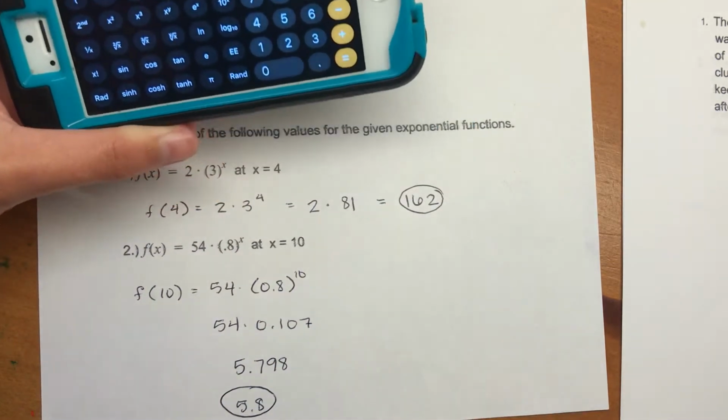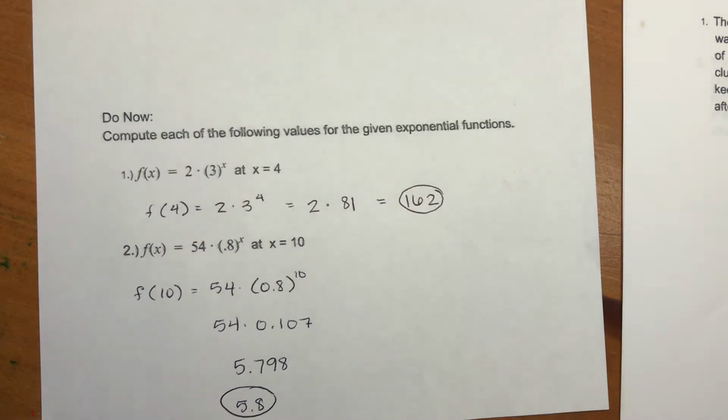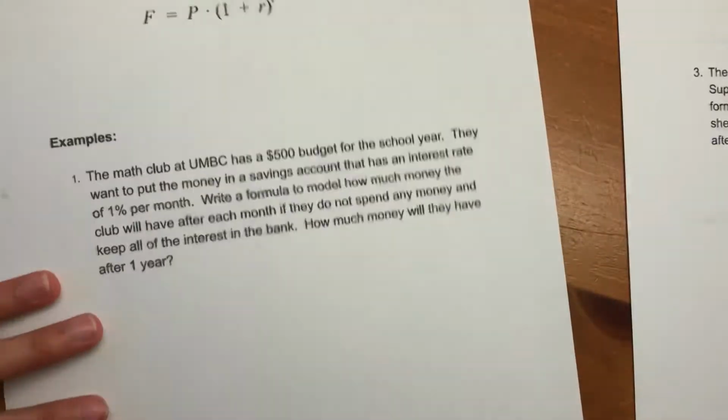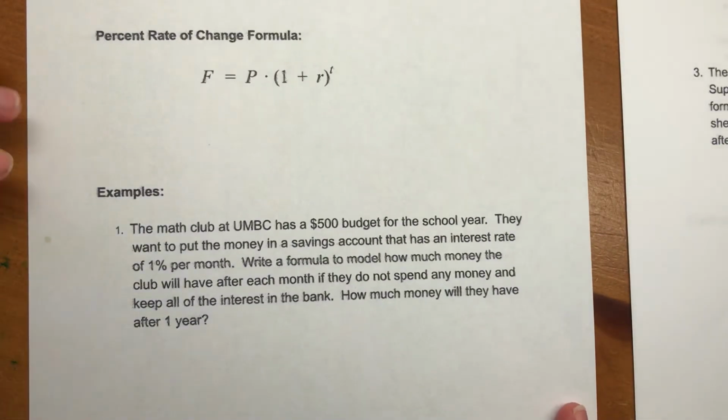All right, so the reason we're practicing computing exponential functions is because we're going to be doing exponential functions again today, but specifically the percent rate of change formula. Now, as a quick review from what we did in the last video, this is my percent rate of change formula.